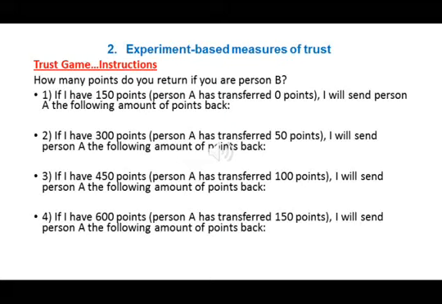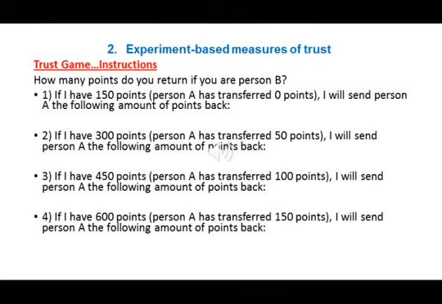So again, this is called a strategy method. Why are we asking the subject to play the two roles? Because he is not matched yet with the other person. And this will keep reflecting the idea of trusting and trustworthiness. Why? Because we are asking him as A, how many points would you like to give to B?